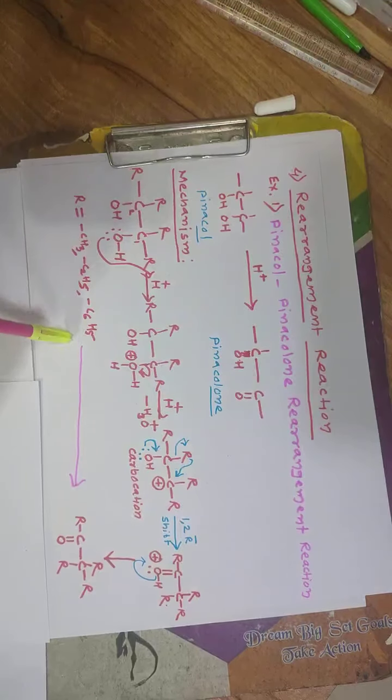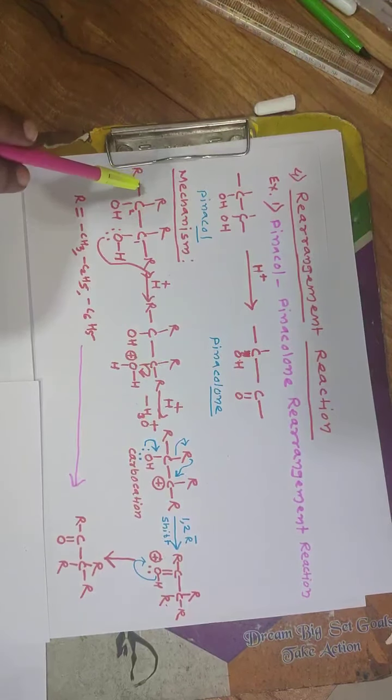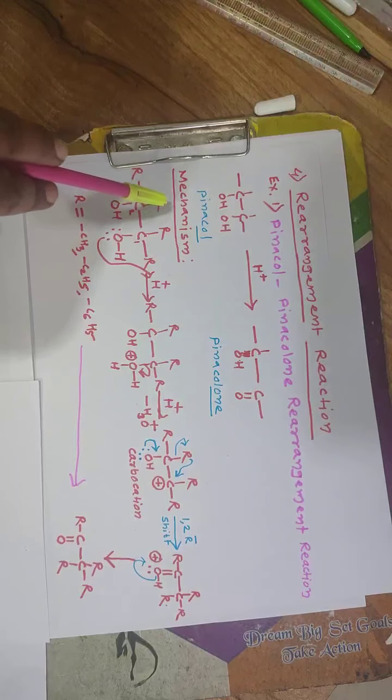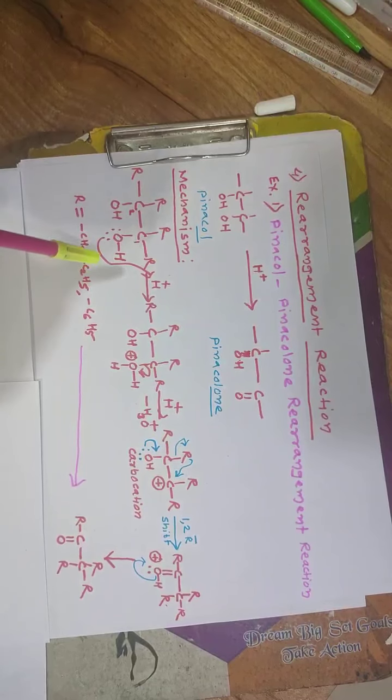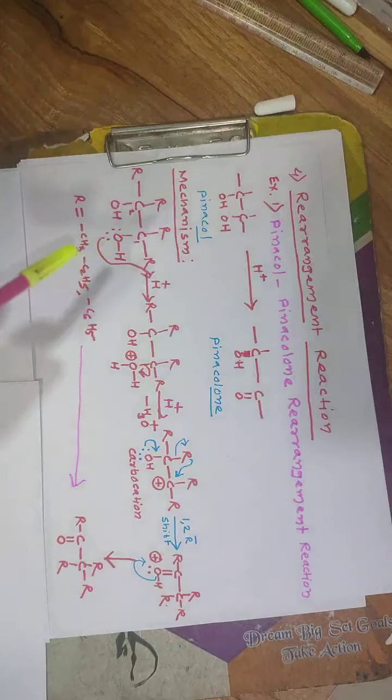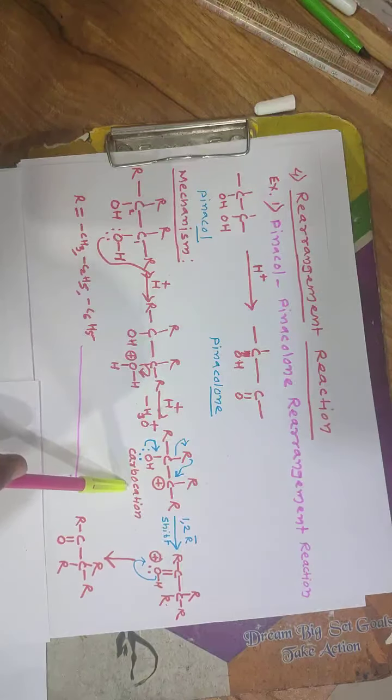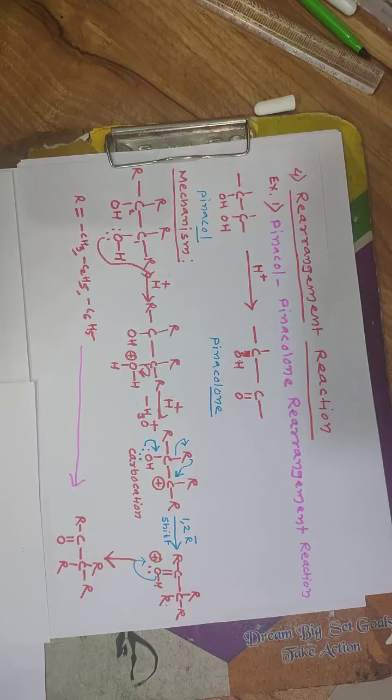When the R groups are different, then the migration of the R depends upon the nature of R. The R which is more nucleophilic, or which gives the more stable carbocation, undergoes migration. So this is called the pinacol rearrangement reaction.